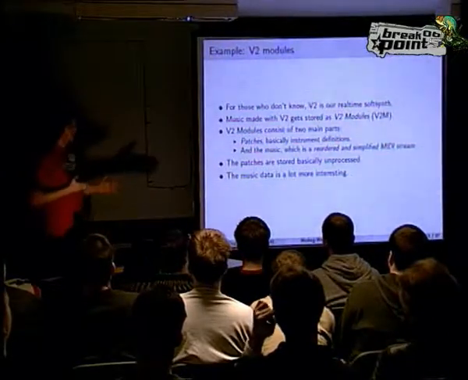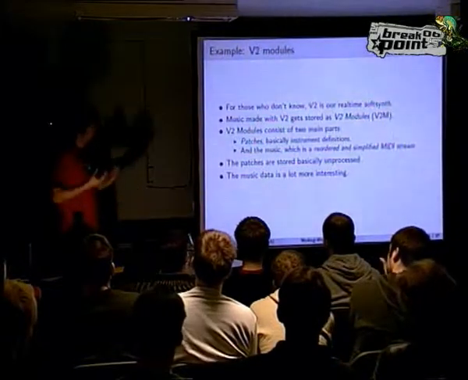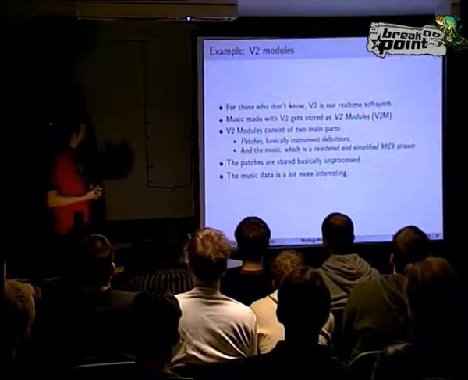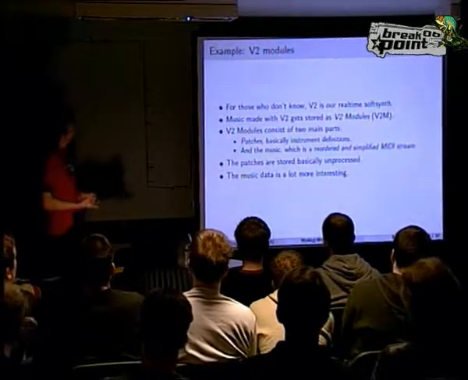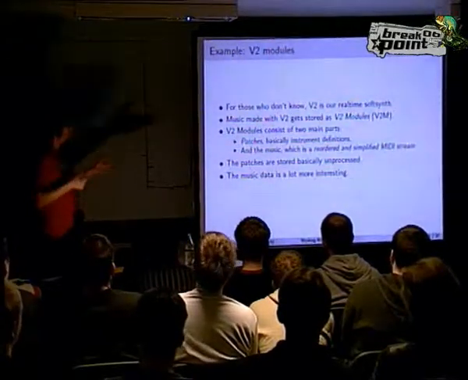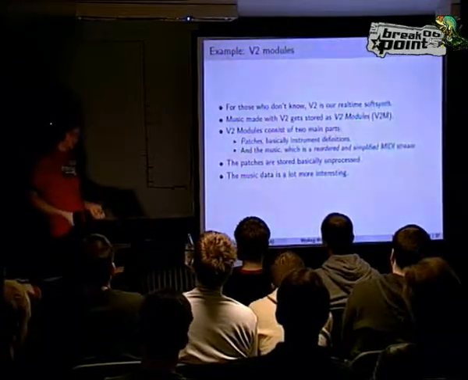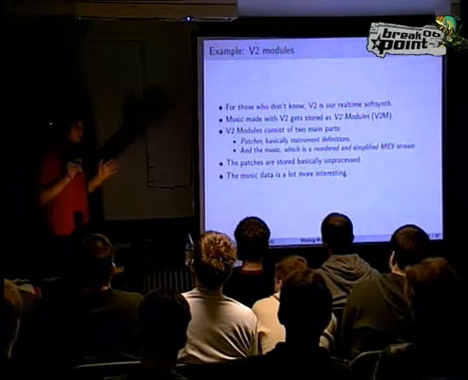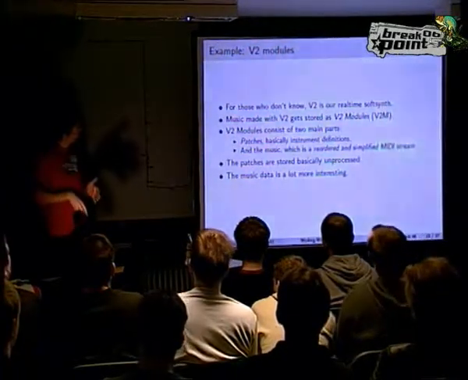And these modules have two main parts. There are patches, which is just terminology, which is basically just instrument definitions for the soft synth. Like, how's everything set up, how's the sound set up. And there's the actual music, which is a MIDI data stream. MIDI is a standard format for music, for those who don't know, and it's just reordered and simplified.